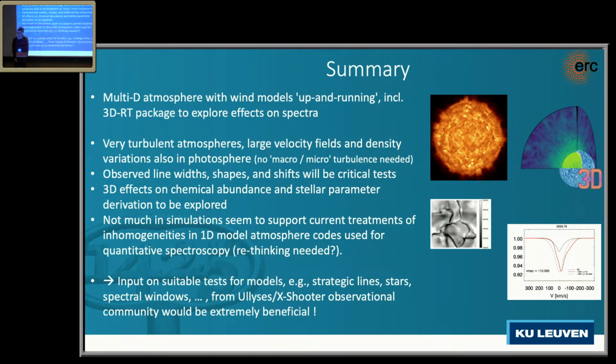We have talked about things like the UV iron forest, but there are also optical lines, wind lines, and plenty of other things to explore here, including systematics that will certainly be different when you do your spectral analysis from these types of models versus when you calibrate and calibrate again our 1D model atmosphere code. Thank you.